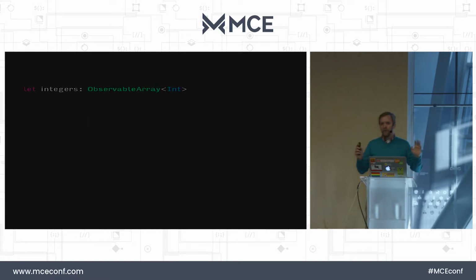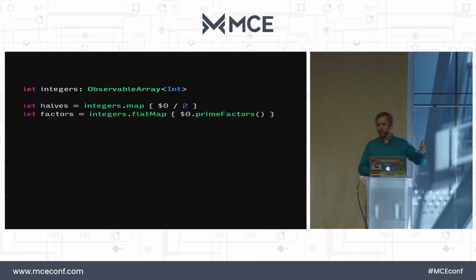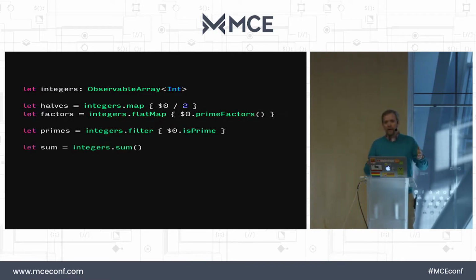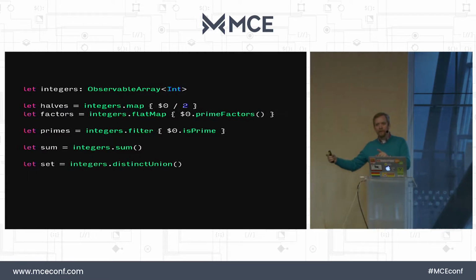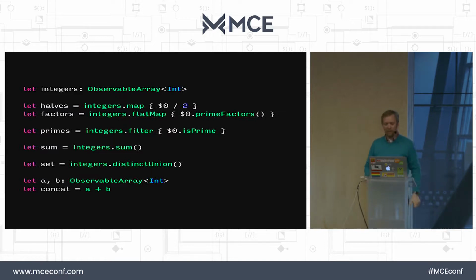Now, if you have an observable array, we could define the same sort of operations on them: mapping, filtering, reductions. We can even take an array and convert it to a set by just taking the union of every element inside of it. If we have two arrays, we could define the observable concatenation of them so that we can glue two arrays together and still have an observable result.